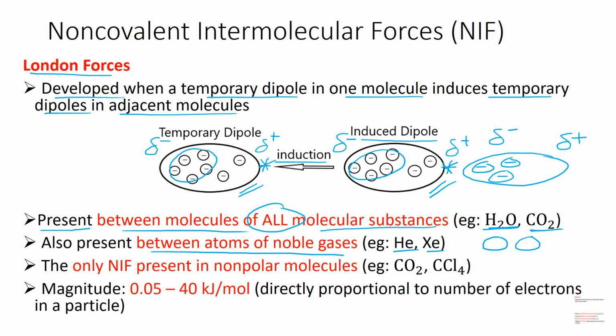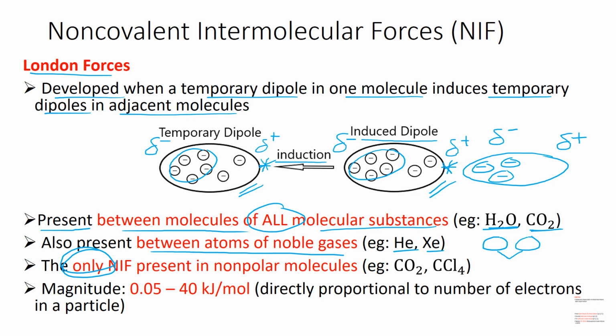Each atom is neutral. So for these two to be able to attract each other, temporary dipoles should be produced through induction.